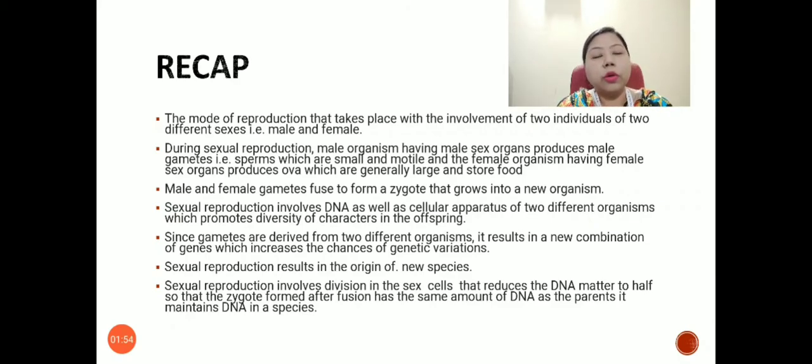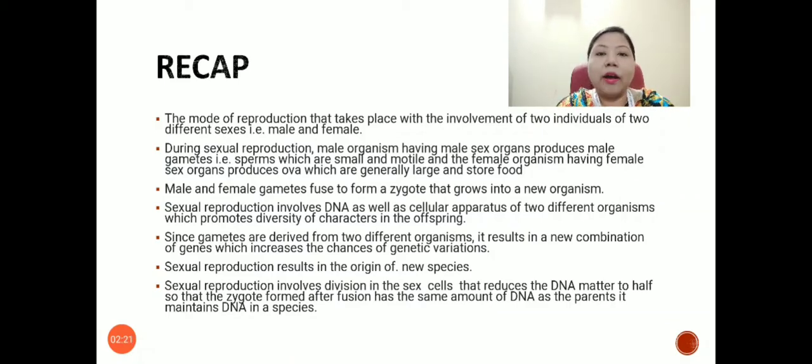So, sexual reproduction involves DNA as well as cellular apparatus of two different organisms, that is the male and the female organism, and this promotes the diversity of characters in the offspring. So you'll find that lots of variation and diversity is found in the characteristics of the offspring.